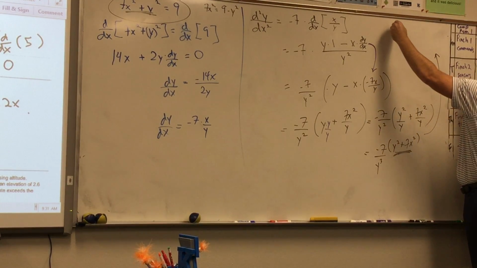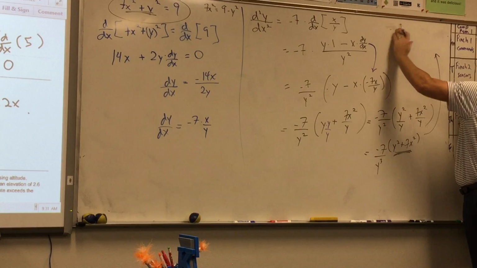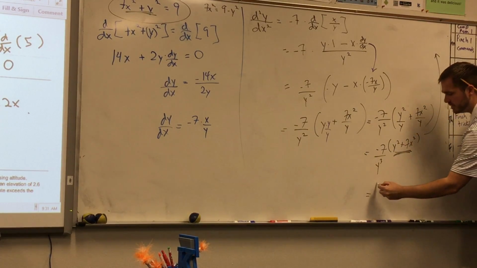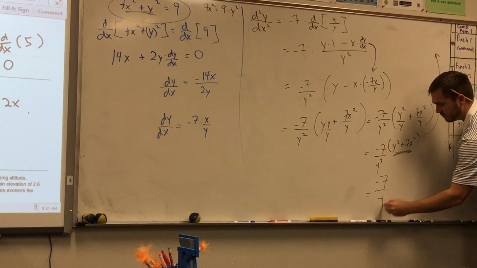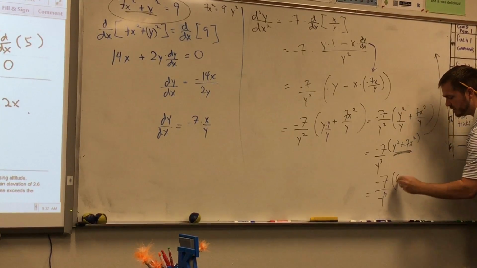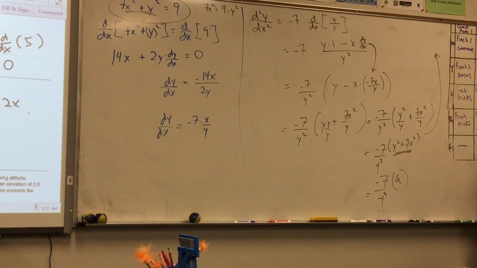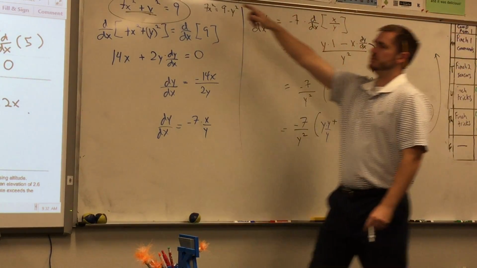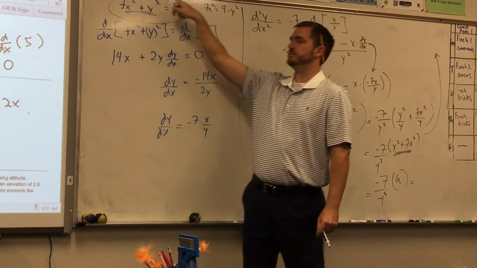So here we go. I'll put it right down here. It equals -7 over y cubed times 9. Why do you put the 9? Because looking back at the very original equation, 7x squared plus y squared equals 9.